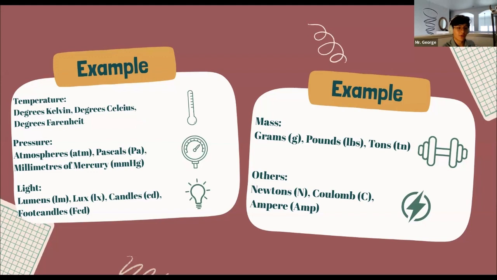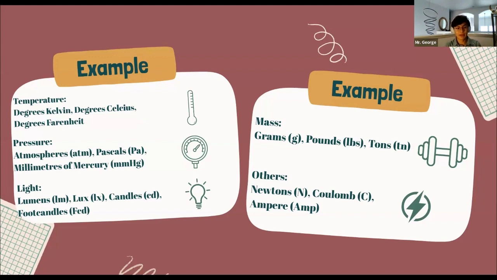For pressure, we use atmospheres, pascals, and millimeters of mercury. The funny thing about millimeters of mercury is that when you set up a dish of mercury and a little tube, the atmosphere pushes down on the mercury and makes it go up the tube. So that's the scale of millimeters of mercury.